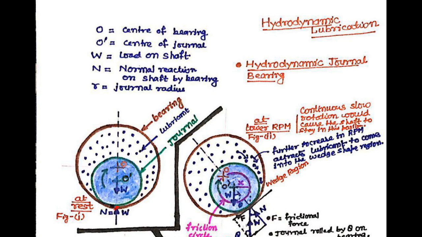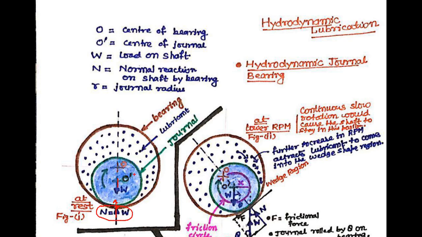So in this situation, this load W, the radial load on the shaft, acts on the bearing, and the bearing reacts and gives the normal reaction here on the shaft, that is N. So at rest we can easily say that by equilibrium this N will be equal to W.